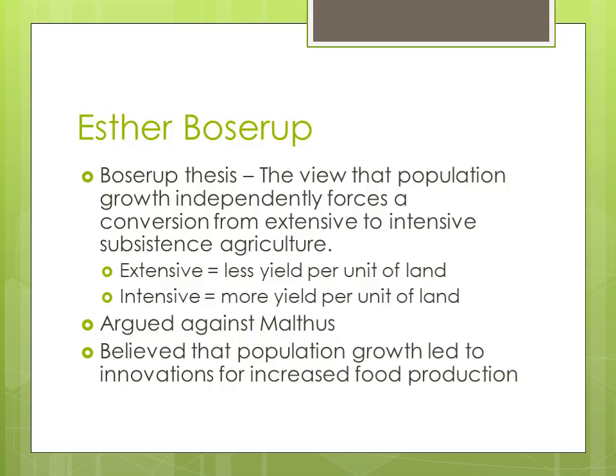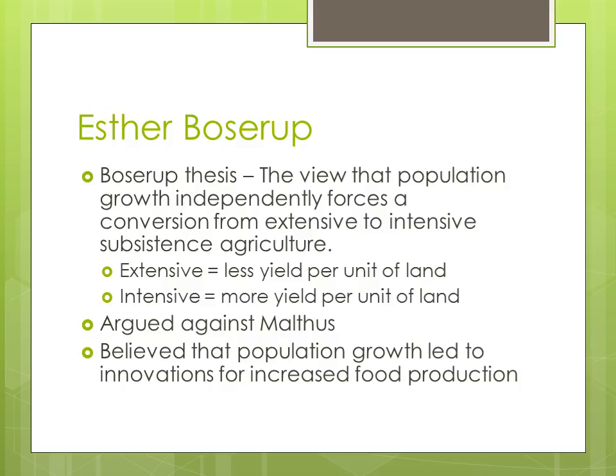They're not going to be able to do it. They're going to have to make a switch. And what Esther Boserup said is they're going to switch from extensive to intensive. And that's going to lead to more production per unit of land. And so that's an important note to make.